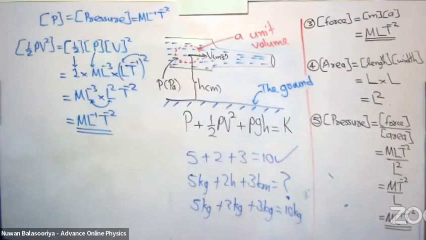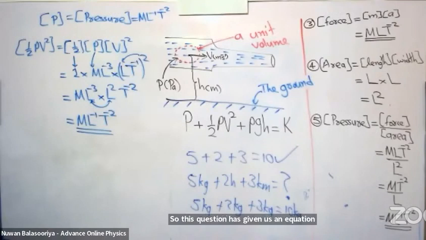So this question has given us an equation: P plus half rho V square plus rho GH equals a constant. These three terms are related to a flow of a liquid as shown in this figure. The question asks us to prove that this equation is dimensionally correct. To prove the equation is dimensionally correct, we find the dimensions of the three terms separately. What are the three terms here? P, half rho V square and rho GH. Already we have found the dimensions of two terms.